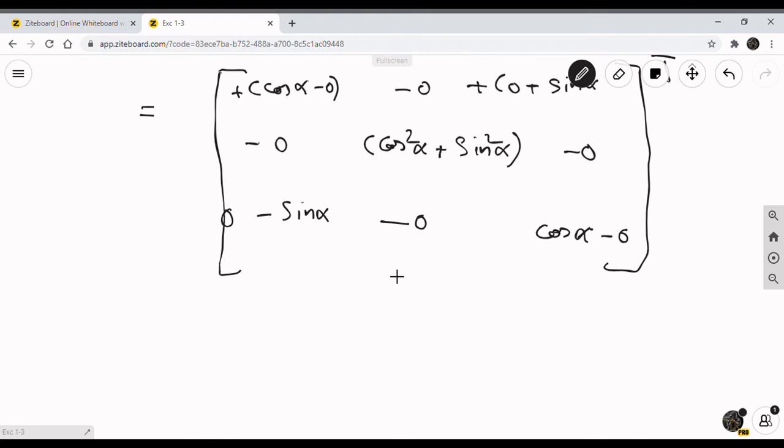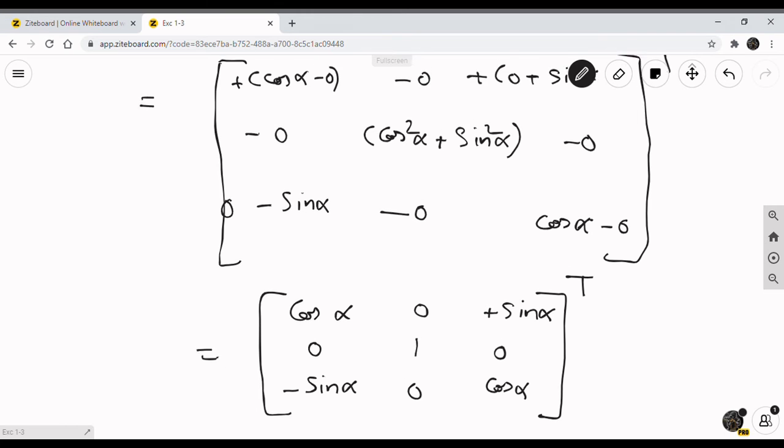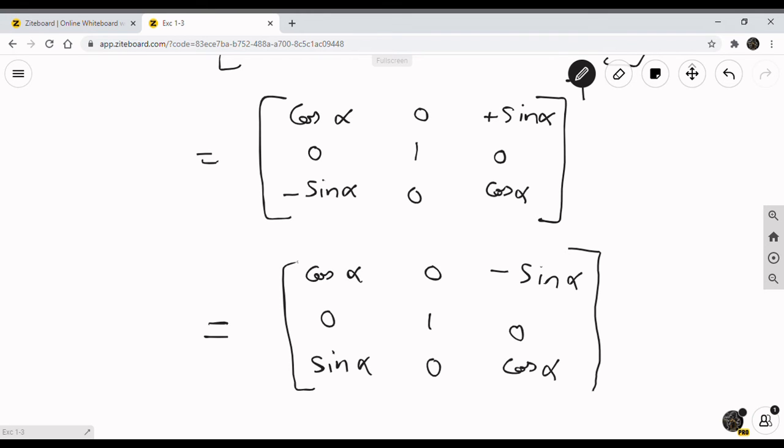Now let us simplify that. That becomes cos alpha. Now what is transpose? The first row is taken as first column, second row is second column, third row is third column. So this is the adjoint of f alpha.